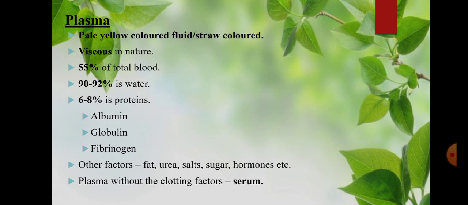There are also other factors like fat, urea, salt, sugar, hormones, and other ions like bicarbonate, chloride, sodium, calcium, magnesium, and potassium. These are all the minerals present in the plasma in small amounts.